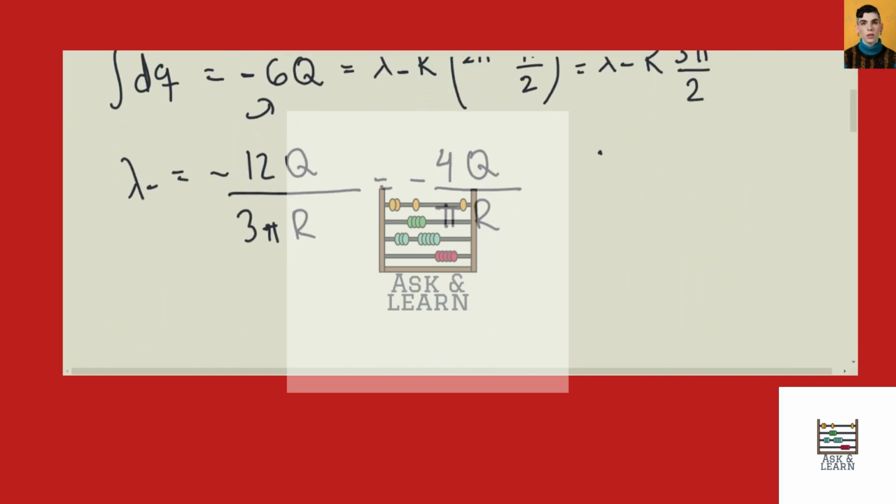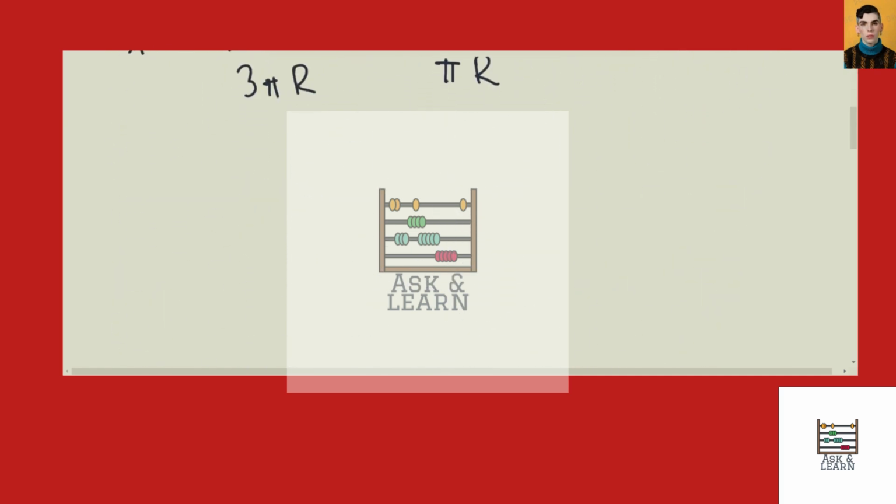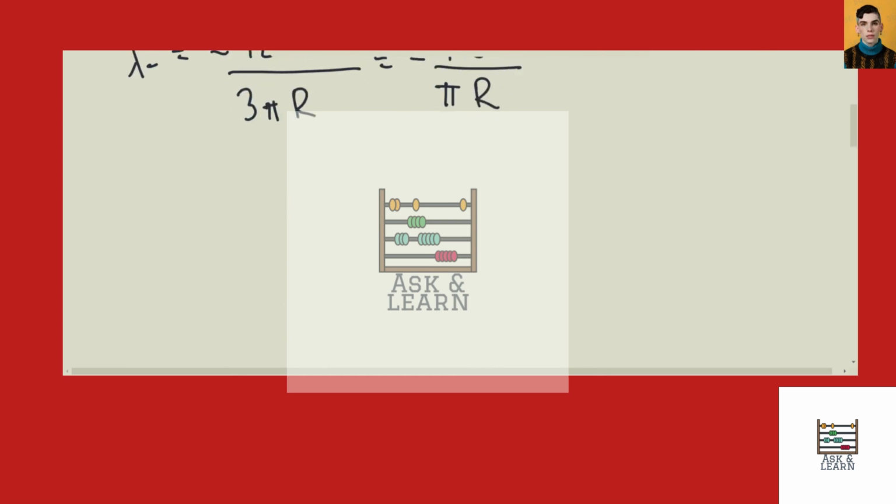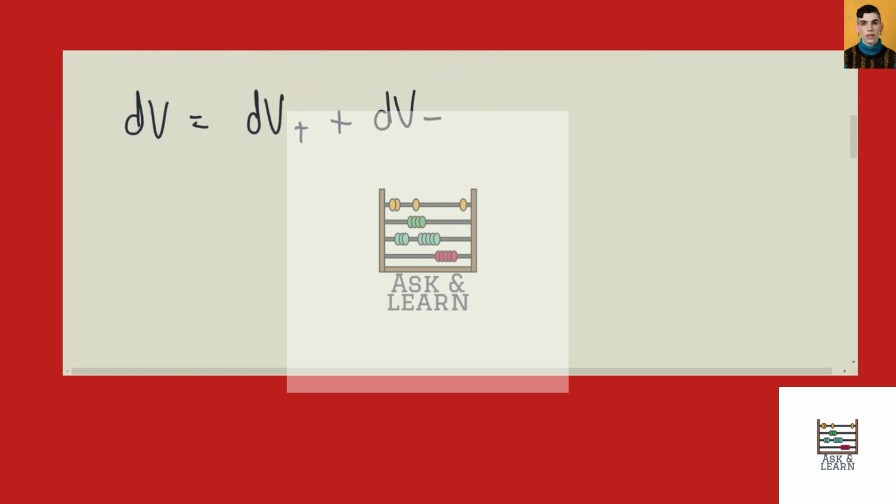With this set, we can see that the differential in the potential is equal to the one created by the positive charge plus the one created by the negative charge. When we integrate this, we are going to obtain the following.